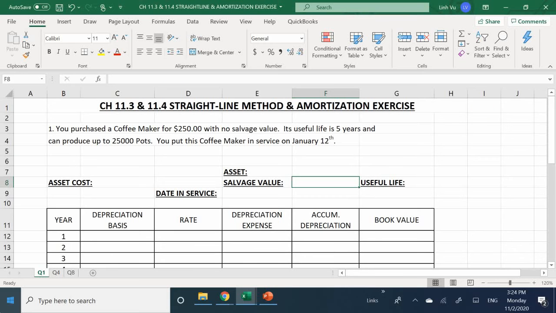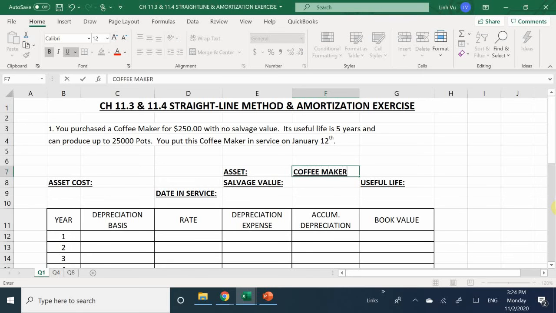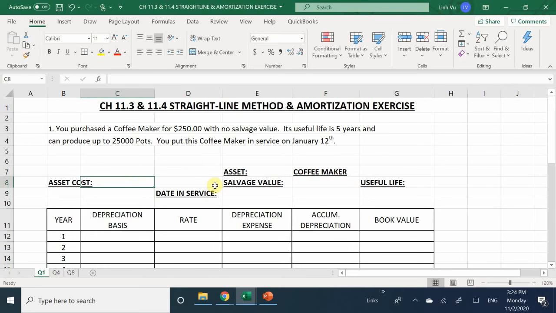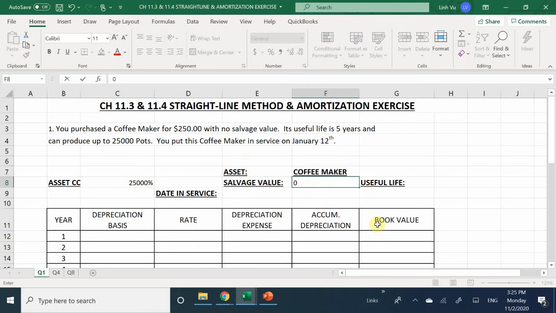All right, so first off, what did we buy? A coffee maker. How much did the coffee maker cost? $250. Its salvage value is $0.